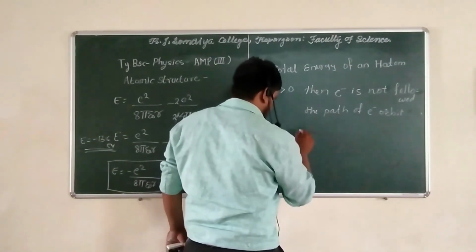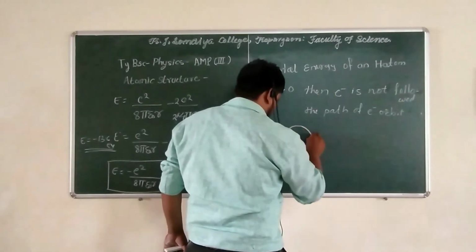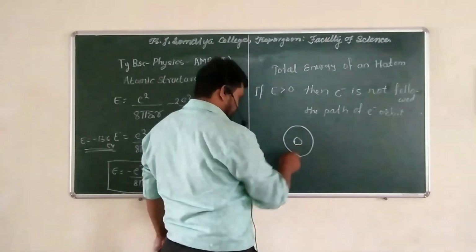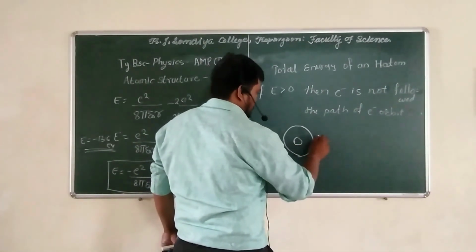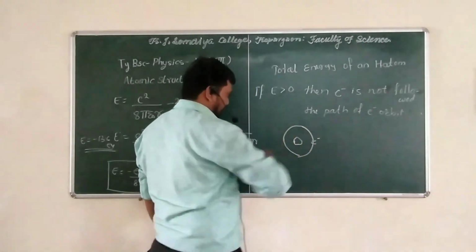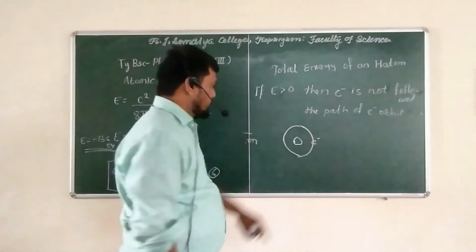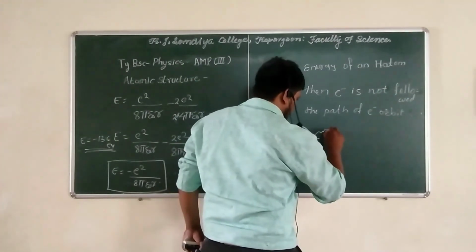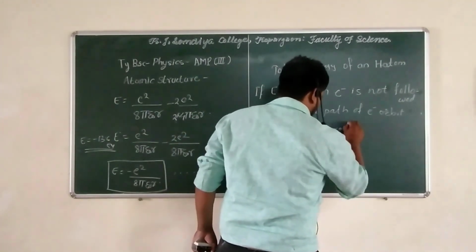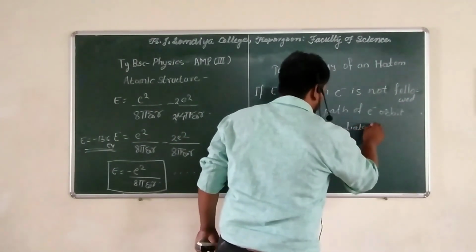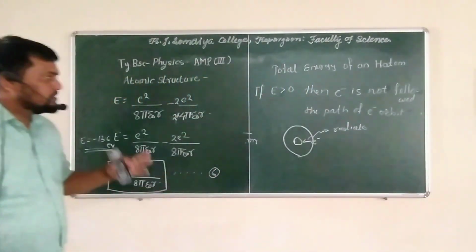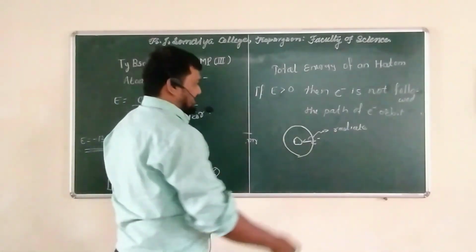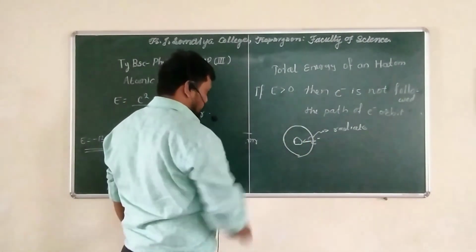This is the nuclear part, and this is the electron orbital shell with a single electron; the nucleus is stationary and the electron revolves around it. Rapidly revolving, the electron radiates radiation, and if it radiates, it loses energy, and by losing this energy the electron collapses into the nucleus.